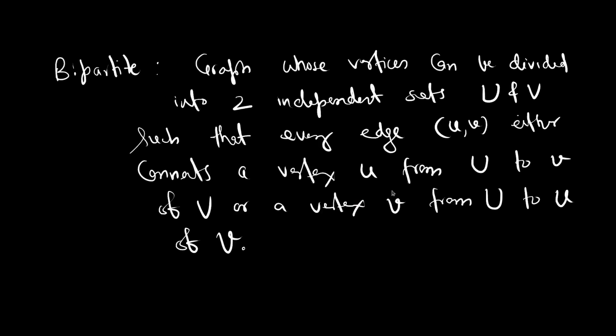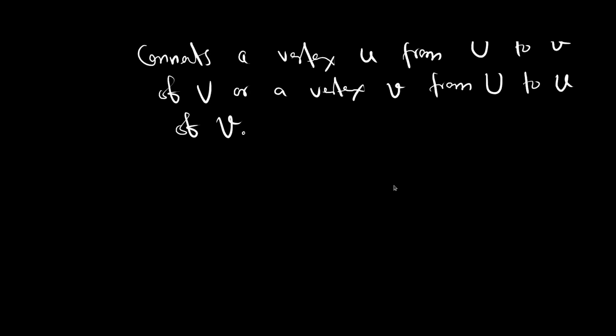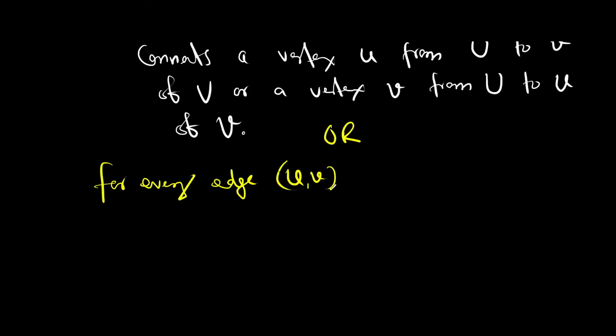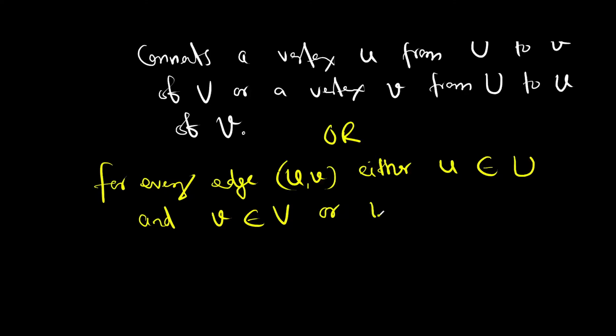Okay, so this is the definition of a bipartite graph. We can write it in a simpler form. You can also write: for every edge uv, either u belongs to capital U and v belongs to capital V, or u belongs to capital V and v belongs to capital U, right?